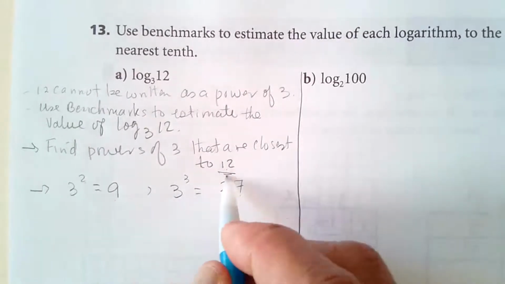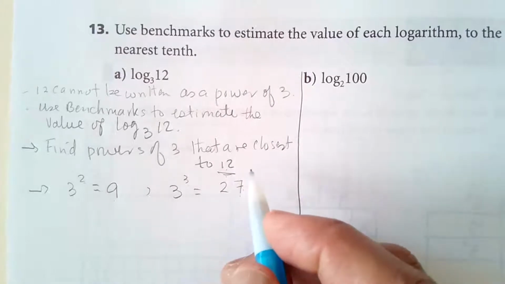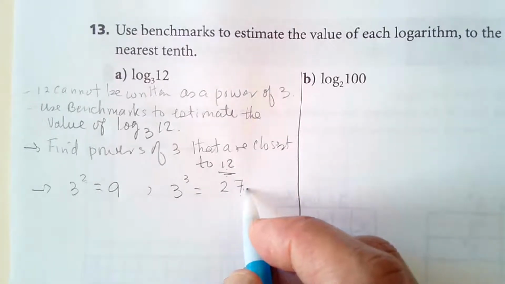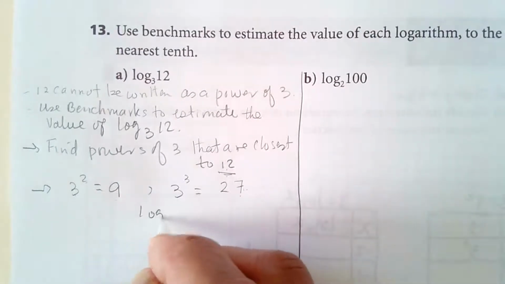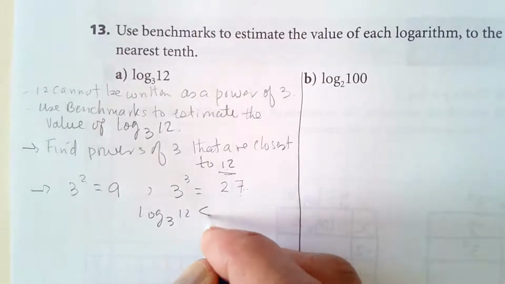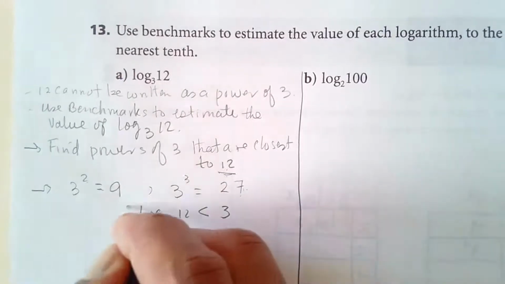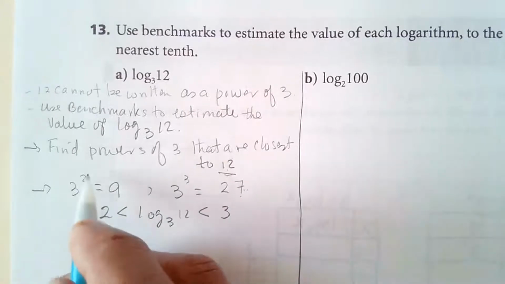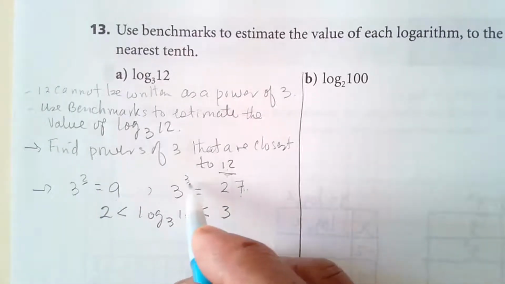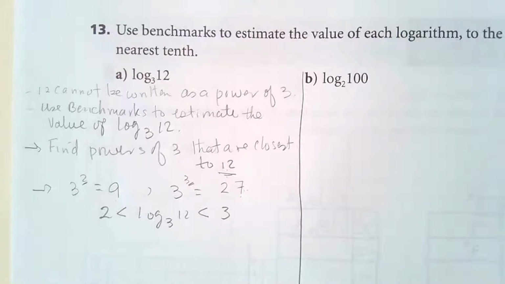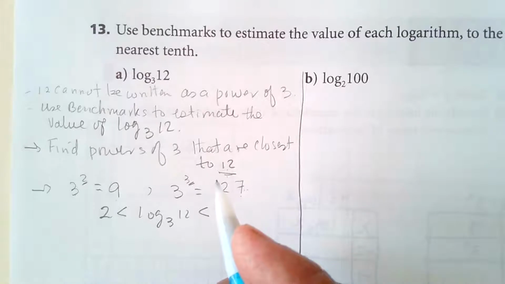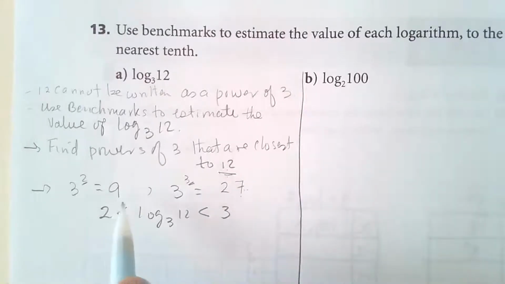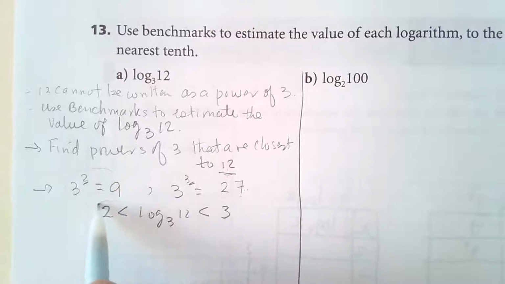So 9 is closer to 12. So we can say here log 3 to the 12 is between 3 and 2. So remember, the exponent is the log. So we'll use 2. So 3 to the power of 2.